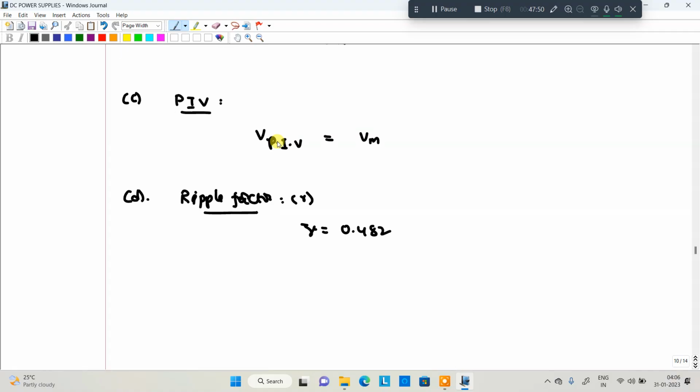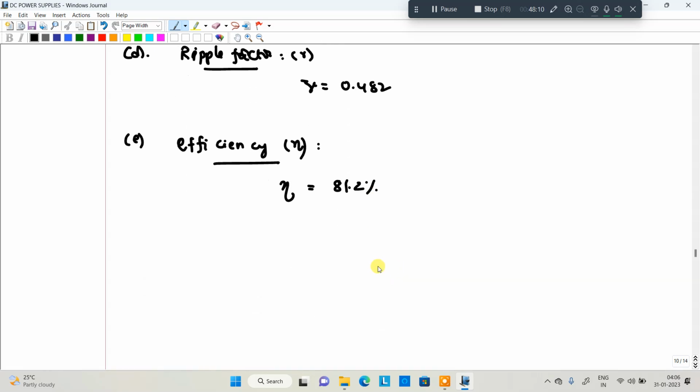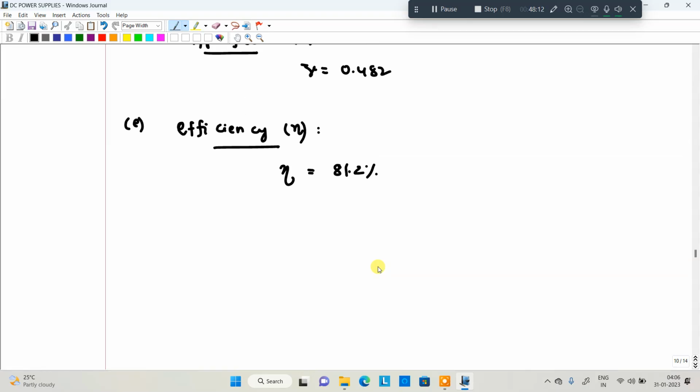Finally, the last one, efficiency. The efficiency is the same as the previous case, equal to 81.2%. Why am I not writing everything? Because everything is the same except the peak inverse voltage. So this is about the efficiency. Finally, we have completed the rectifier concept completely.